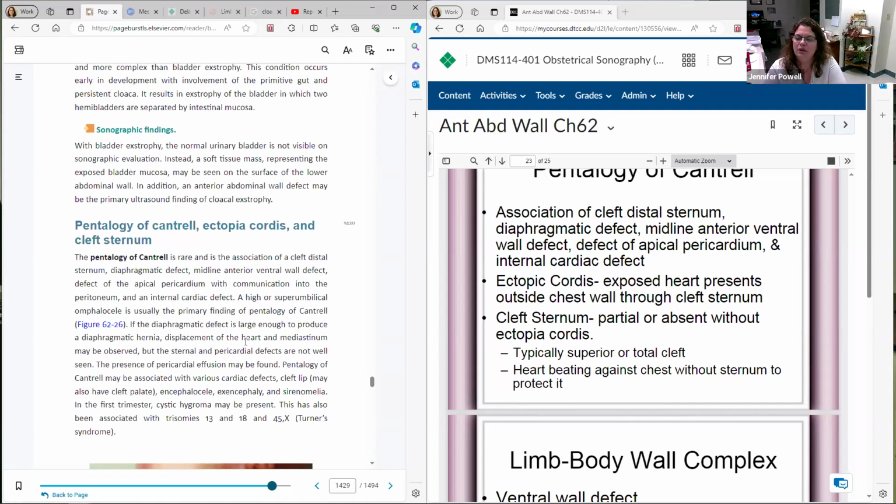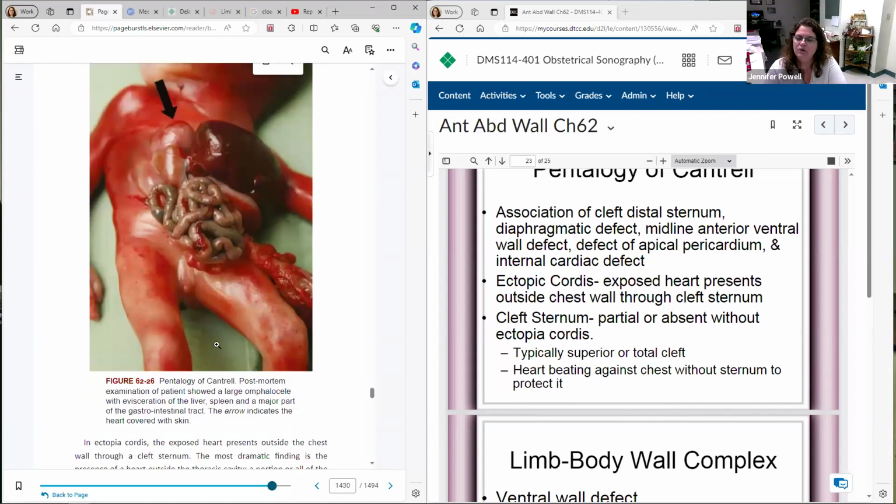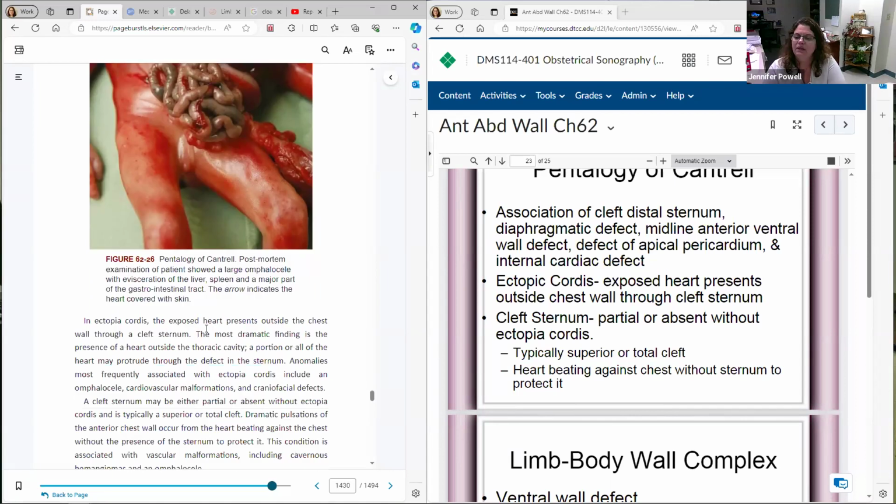So this baby postmortem examination shows a large omphalocele with evisceration of the liver, spleen, and a major part of the gastrointestinal tract, and the arrows indicate the heart covered with skin. So association of the distal sternum, all of these things that we just read.